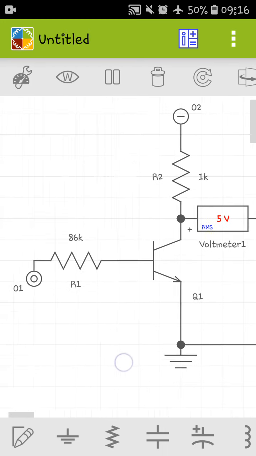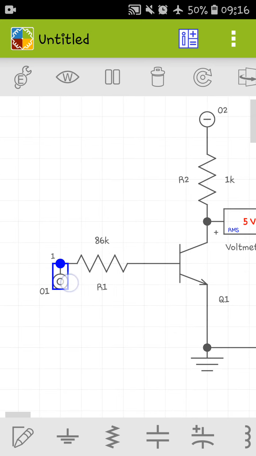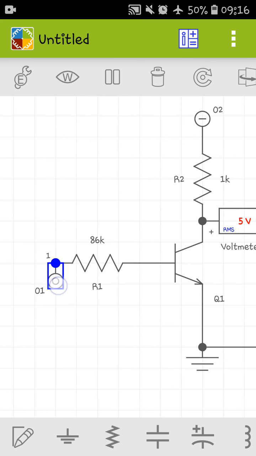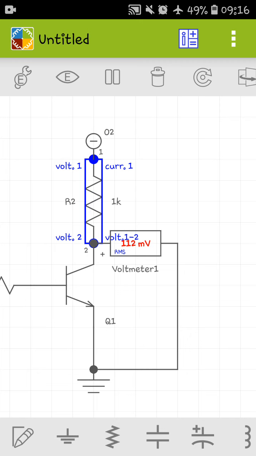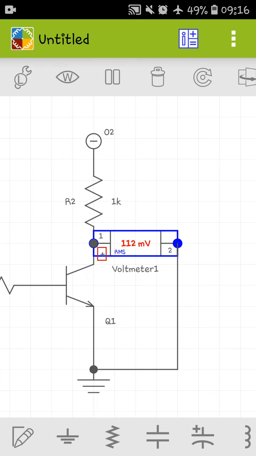But when the input is given high, then the base current will flow, and we have chosen the resistor in such a way that all the supply voltage will be dropped across this resistor, and no voltage will be seen across the collector and emitter terminal.